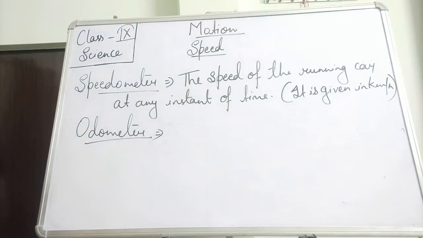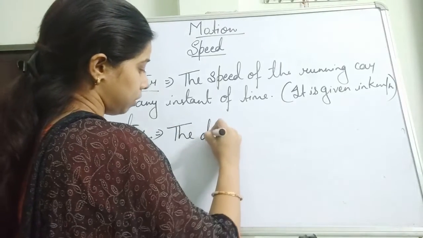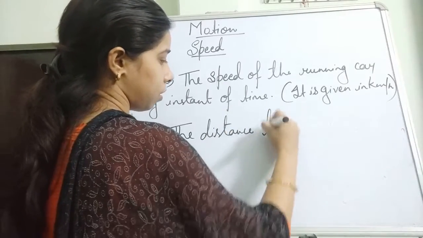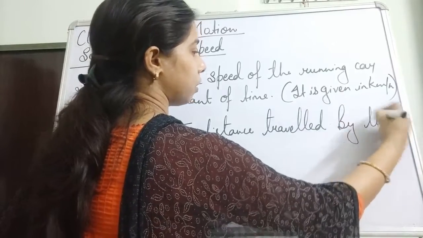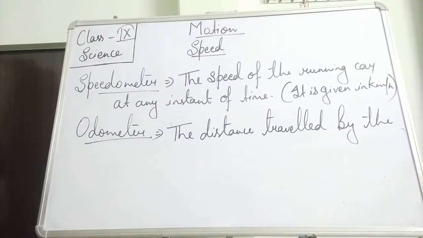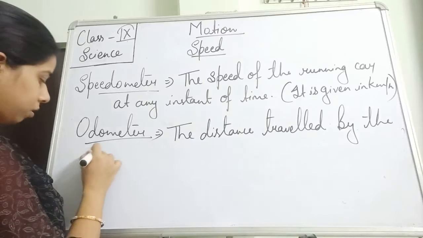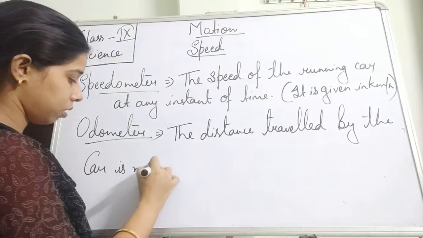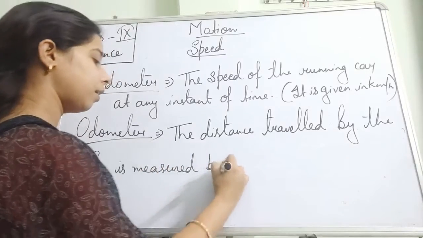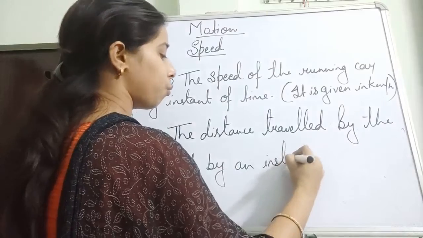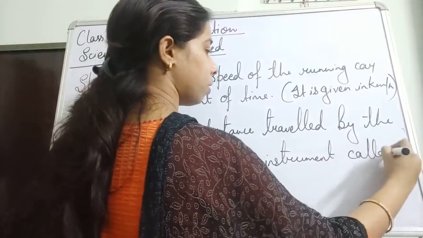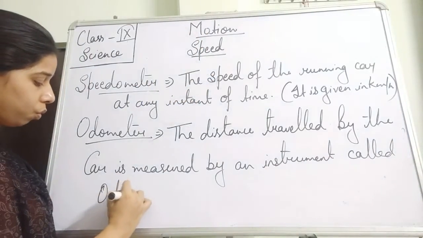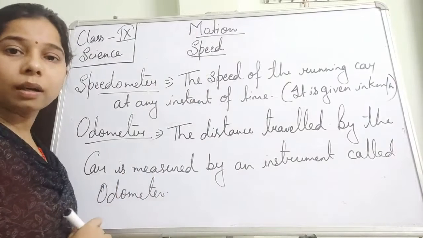What about the odometer? The distance travelled by the car is measured by an instrument called the odometer.